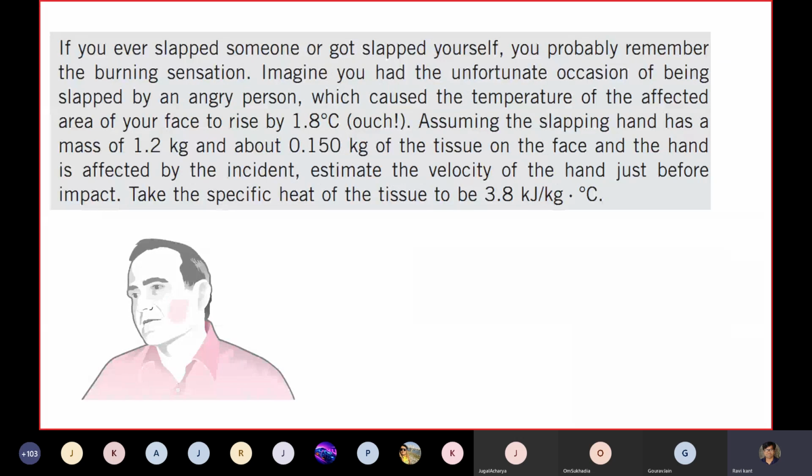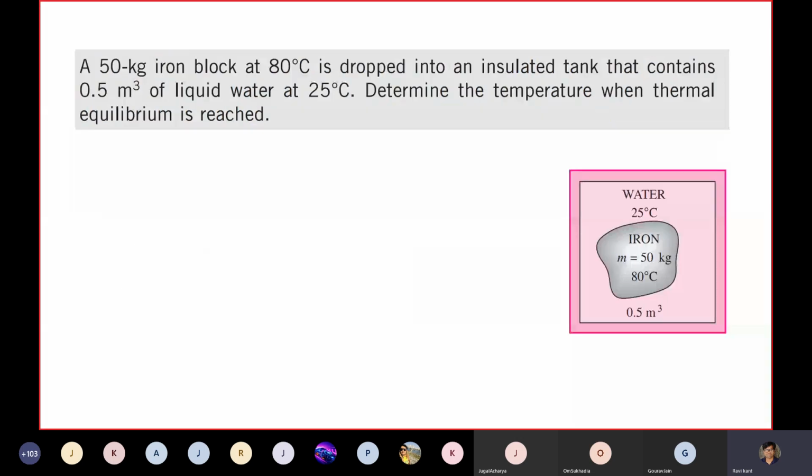Okay, this example is obvious. I'll go through it quickly in just 2 minutes. A 50 kg iron block, so this is the solid specific heat problem, at 80 degrees is dropped into an insulated tank that contains water at 25 degrees C. Determine the temperature when thermal equilibrium is achieved. This is my iron block.